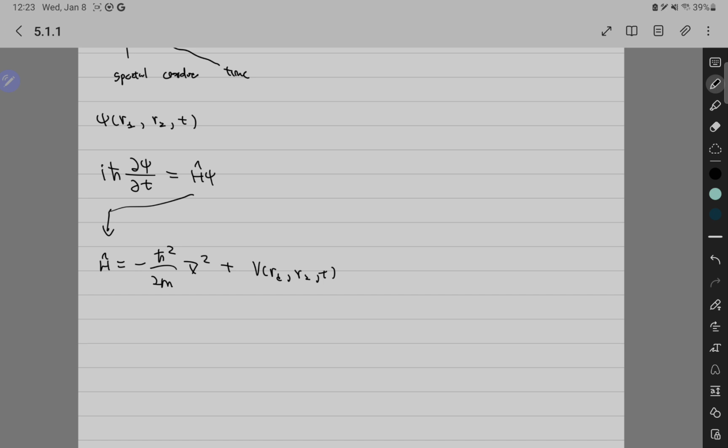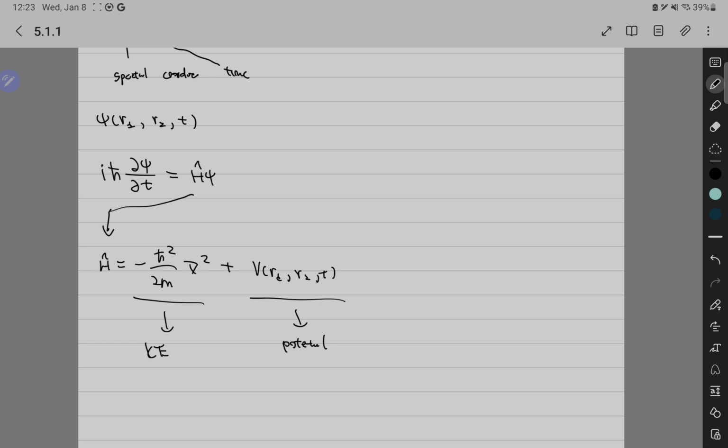And the total energy in this case consists of the kinetic part and potential part. So this Laplacian part stands for the kinetic part of the energy, and then this V here stands for the potential. And then the Hamiltonian represents the total energy.